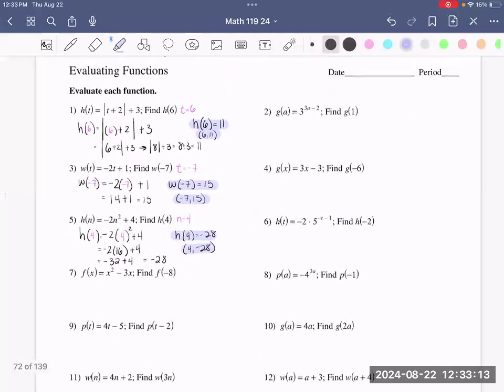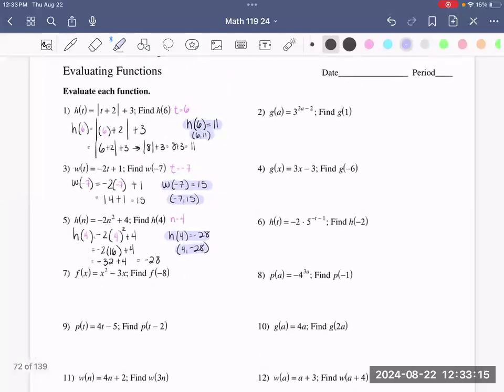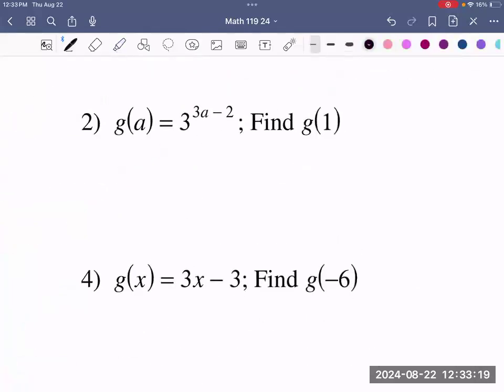We'll do just a couple more. Maybe we'll do 2 and 8, because those are a little different. So you have g of a is equal to 3 to the 3 times a minus 2, when a is equal to 1. So we are replacing your a value with 1.